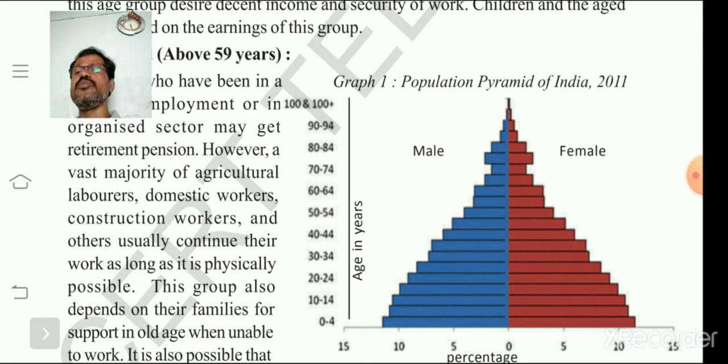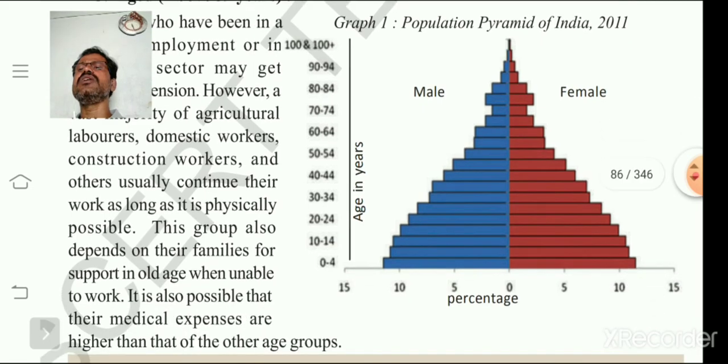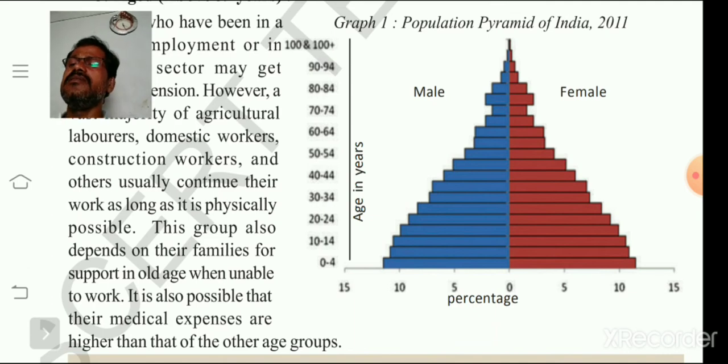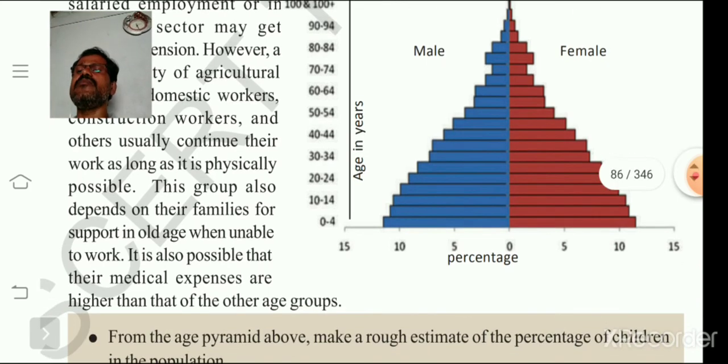That is the old age group, right? They are not able to work, so they depend on their family members, that is, on the working age, right? And their needs are related with much of the medical expenses. They have different health related problems which need much of the medicines.